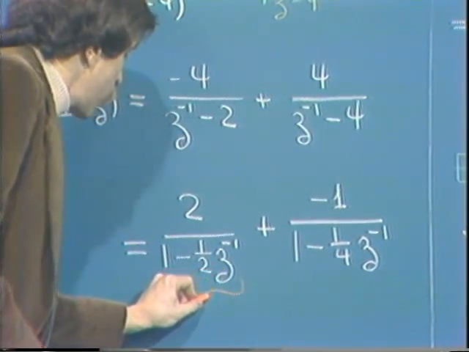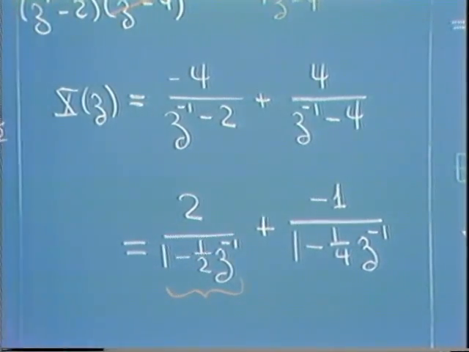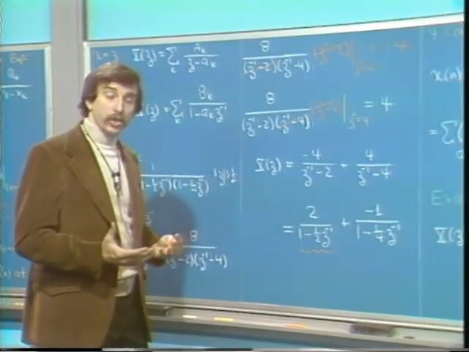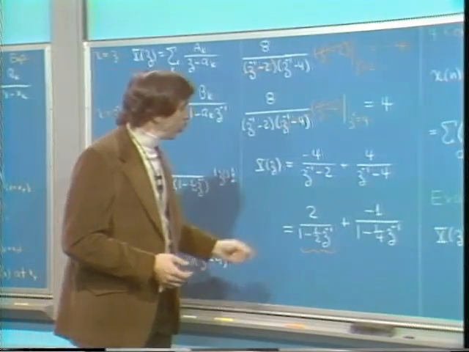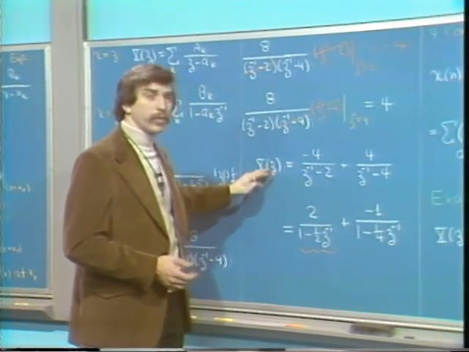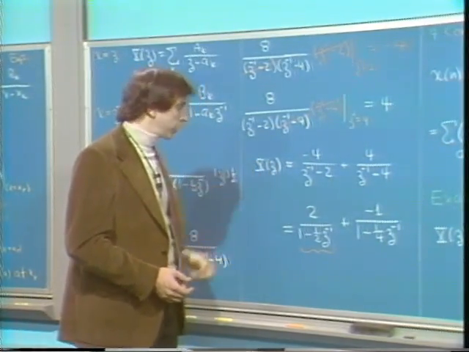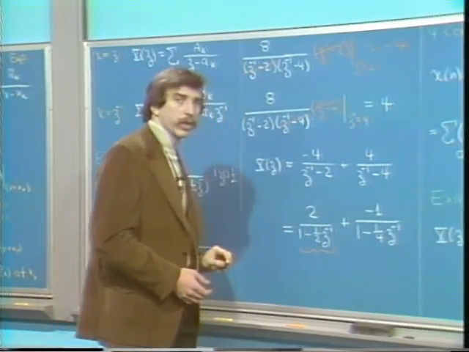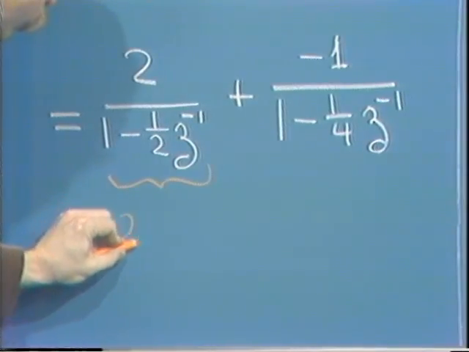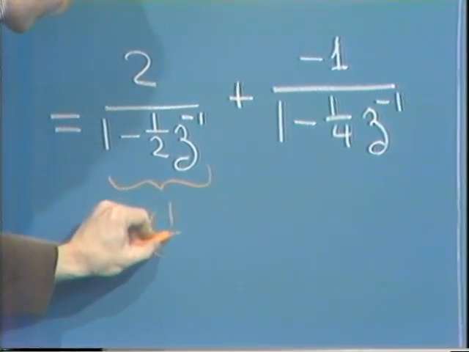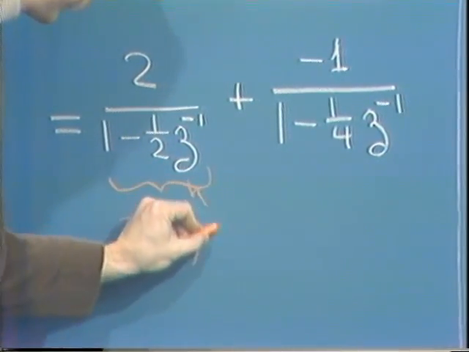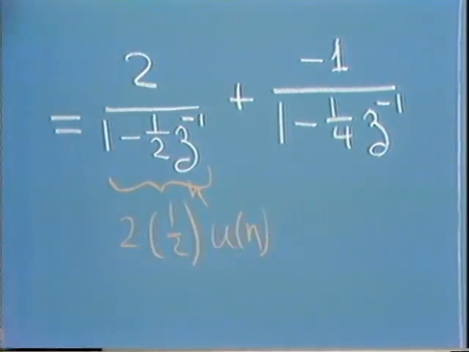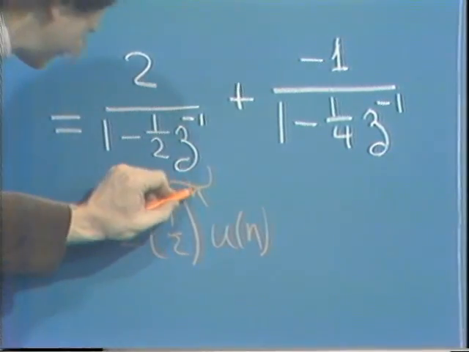That is, we can recognize from this, remember that the region of convergence was outside a circle, so we want to interpret the region of convergence to be the same here. So consequently, for this piece, we end up with 2 times a half to the n times u of n.